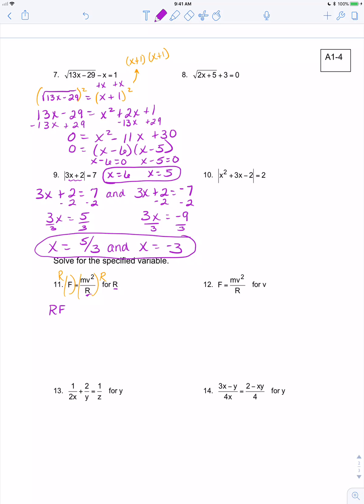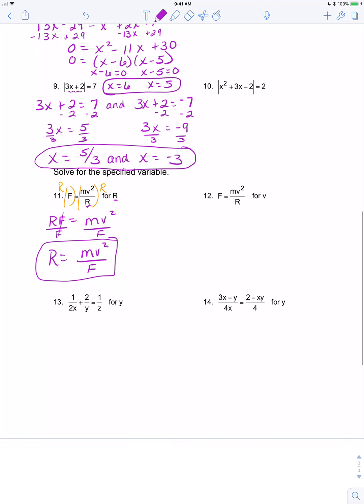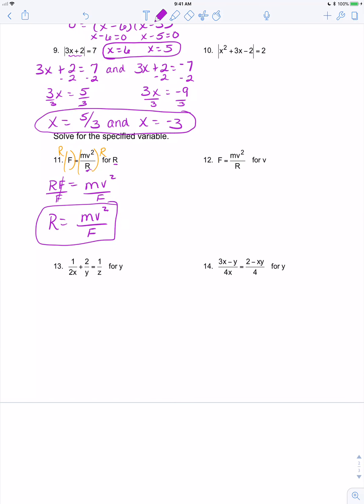So rf is equal to mv squared. We're solving for r. So all we need to do is multiply both sides by f, leaving us with just the r over here, mv squared over f. Final answer.